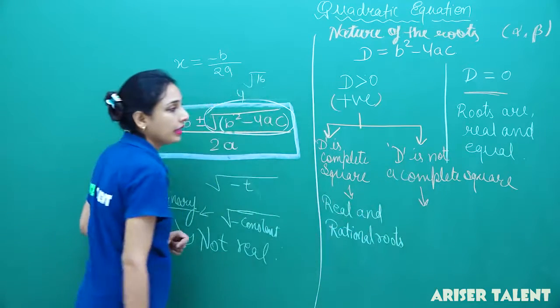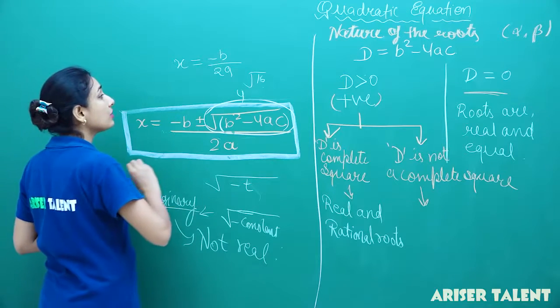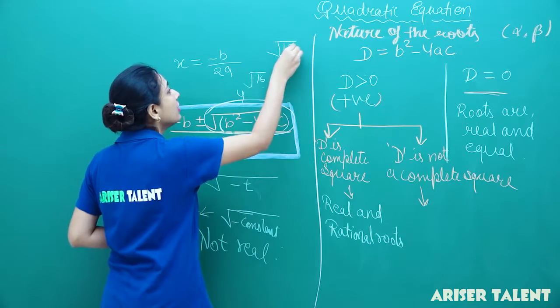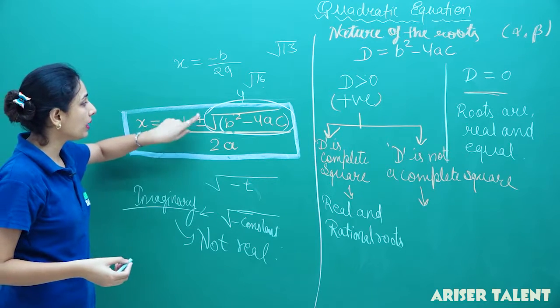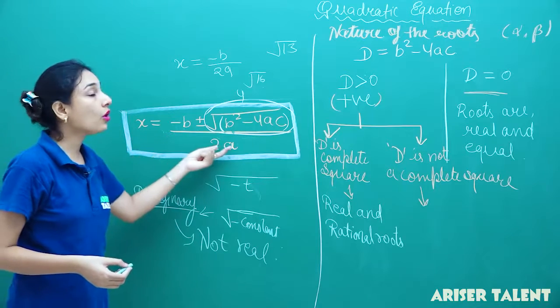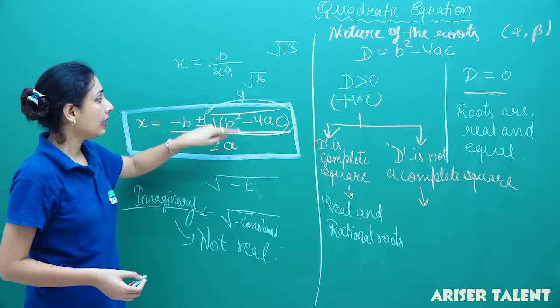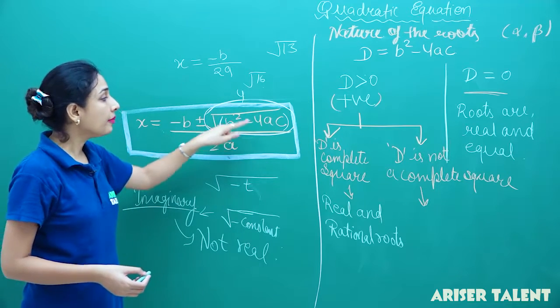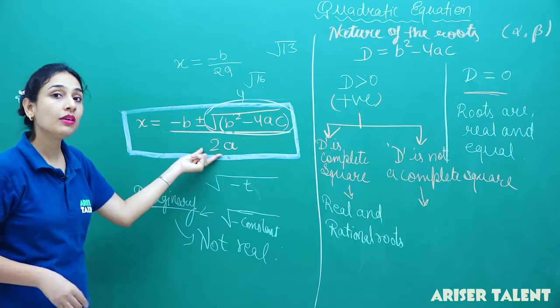Now what if D is not a complete square? Let's say the value of D is 13. Now some constant value plus minus some root divided by some constant value. So this will give you a constant value and an irrational number, and dividing by a rational number will give you what?